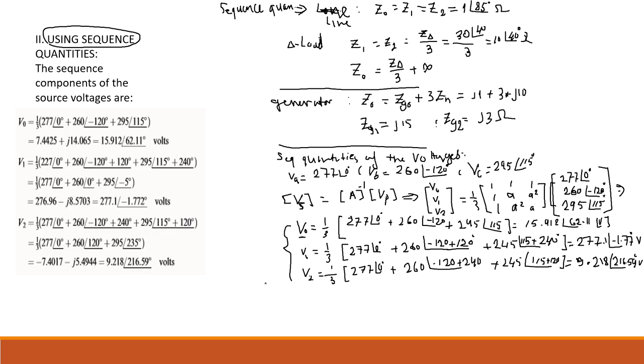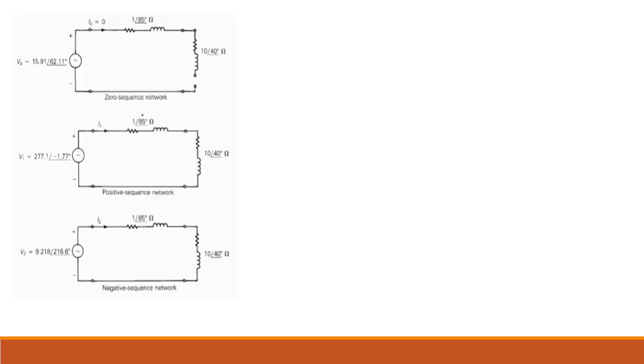We have for the zero sequence network the voltage V0, the zero sequence of the line, and the zero sequence of the load, as you see in this diagram. This is the zero sequence network for the system.